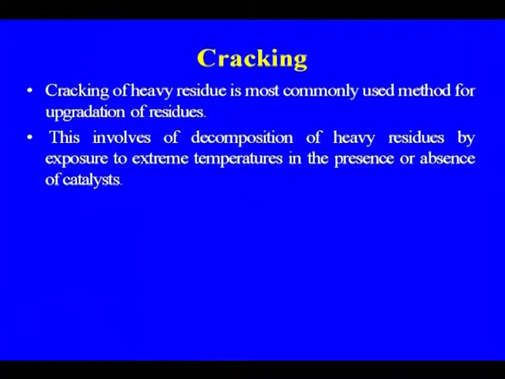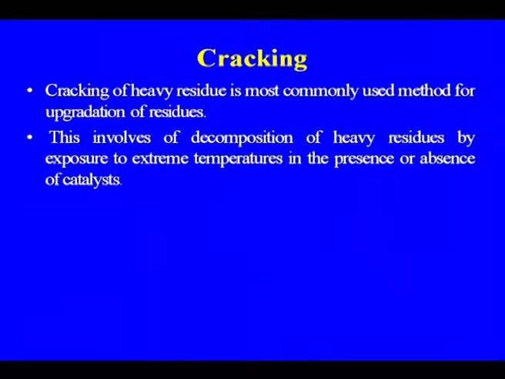Let us now discuss the cracking. Cracking means, as you know, cracking of heavy residue. What we do in refinery is the cracking of the heavy residue to the lighter product. The cracking of the heavy residue is the most commonly used method for upgradation of the residue, which is a low value product in the refinery.